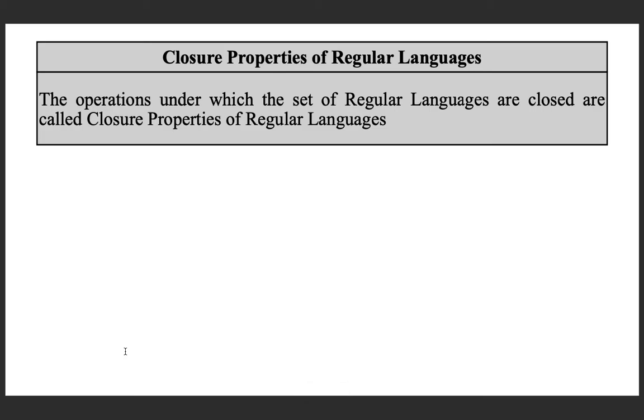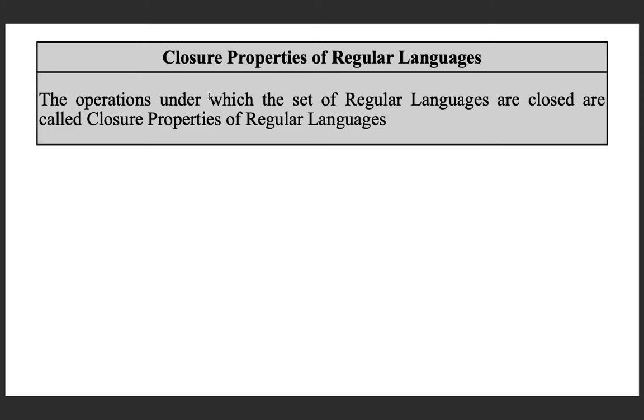Note that a language is a set of strings. So basically a language is a set with a number of strings in it. So when we say operations, we are going to look at set operations like intersection, union, complementation, etc. So what is a closure property for a regular language?